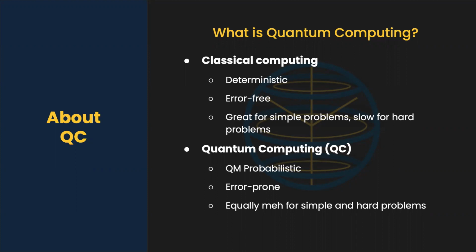Quantum computing is quantum mechanically probabilistic as opposed to deterministic. It's error-prone, which means the big problem that everybody has with quantum computing is trying to limit the errors that it has. Even if you get an answer to a really hard problem, if the answer is complete gobbledygook, it's not really any use to you. And it's equally meh for simple and hard problems, which means it's not good for simple problems, but it's better for hard problems than a regular computer is.